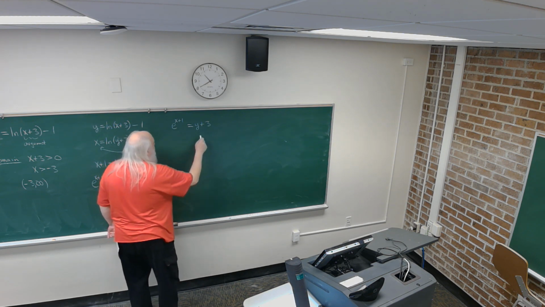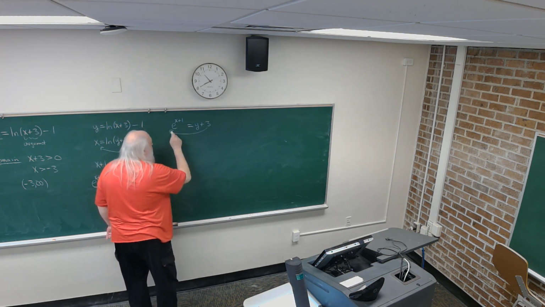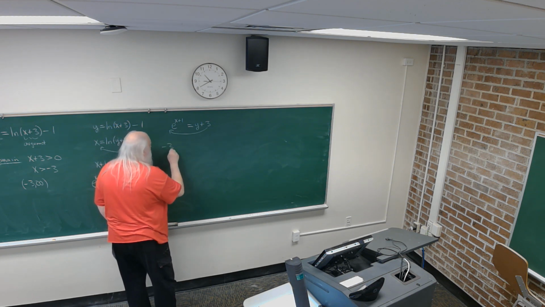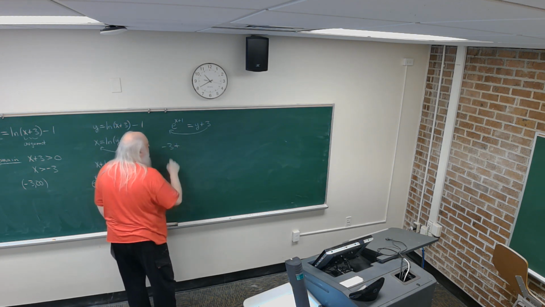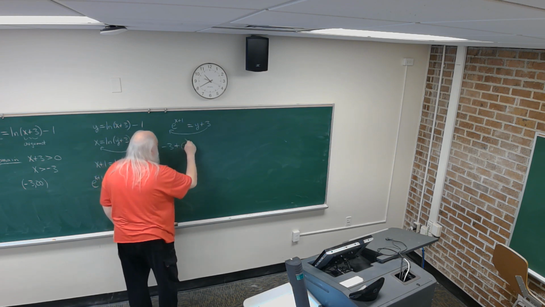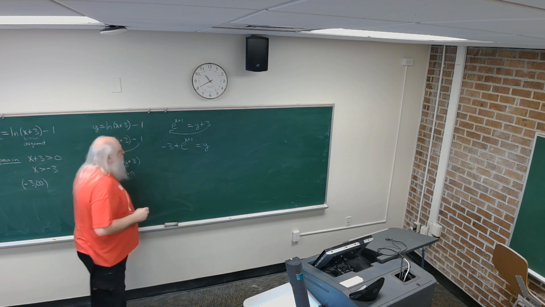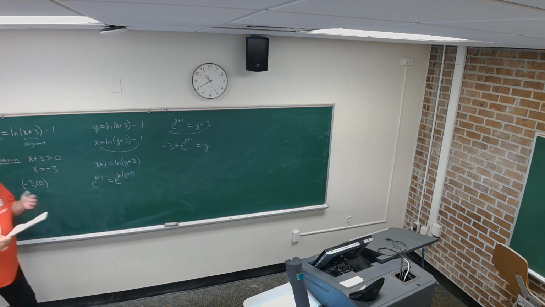And now we can solve for y on the right by subtracting 3 from both sides. And so I'm going to put -3 in front of the e. So we have y is equal to -3 plus e to the x plus 1 power.